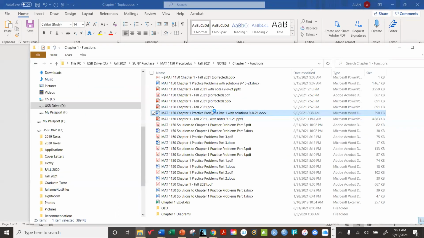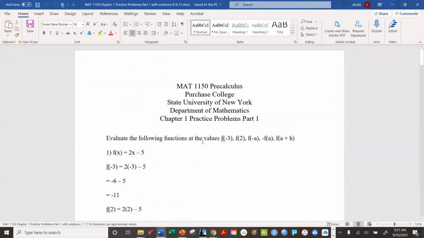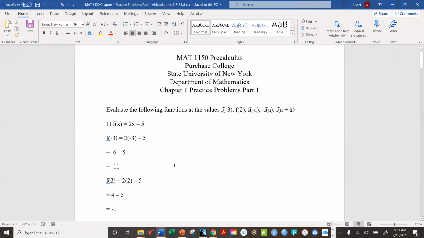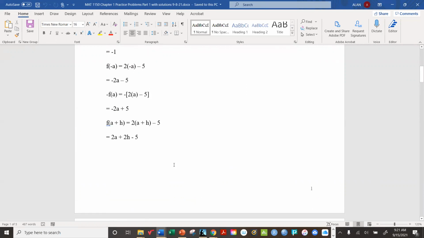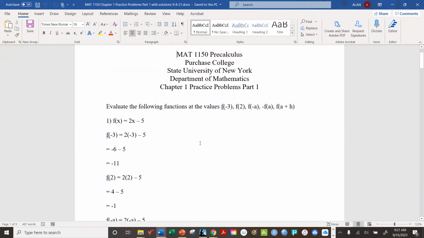All right, let's open it up again. So yes, what you're saying is f of -3 means take your function and replace all the x's with -3s. And that's what this is all about. Can we do number 1, for example, all over again? Yeah. All right, well, here's the function f of x.